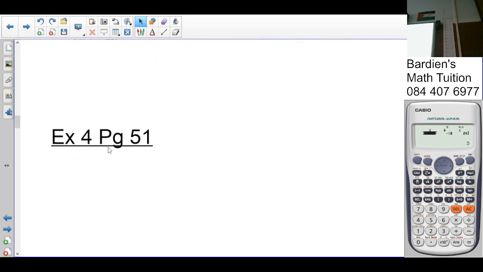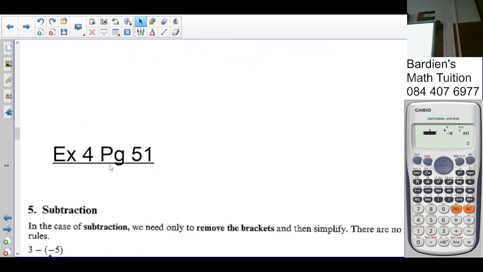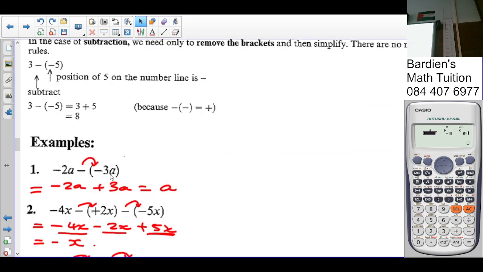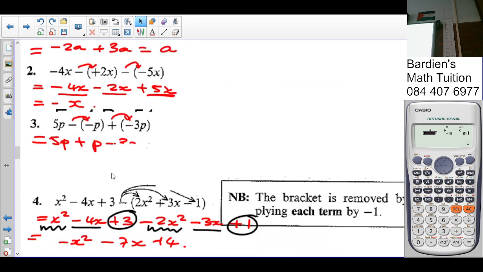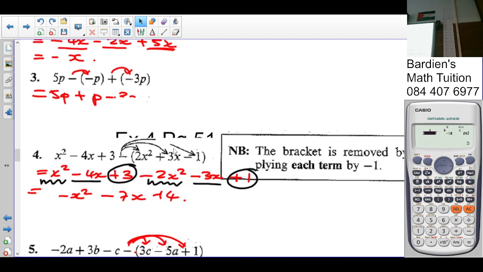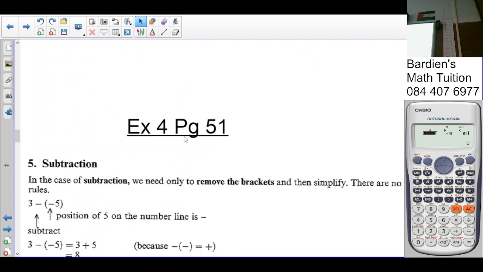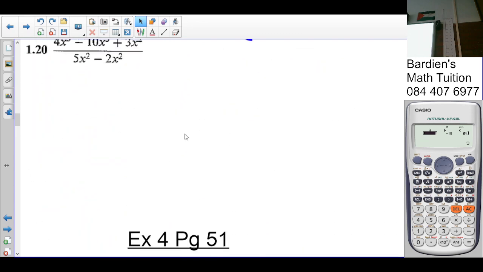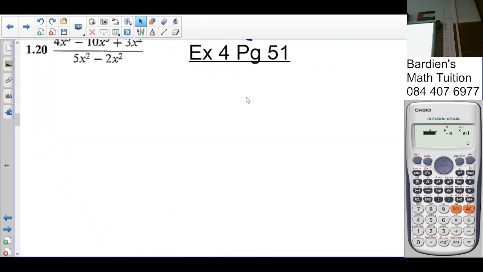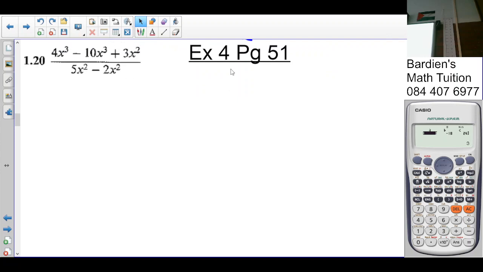Okay, you did all of number 1 now, not so? Yes? 1.20, I missed it. Oh, sorry. Right, 1.20, what must be done first here? You add like terms, not so?